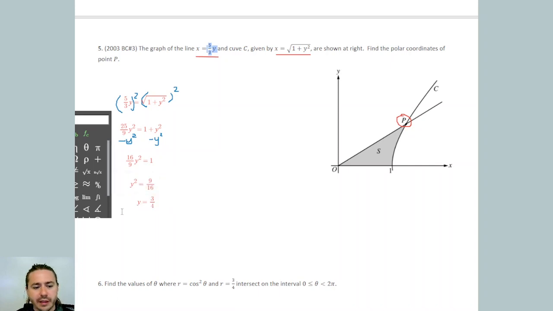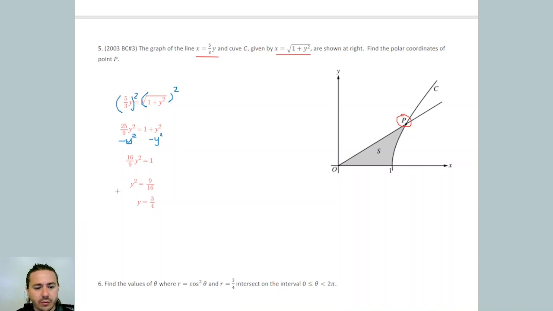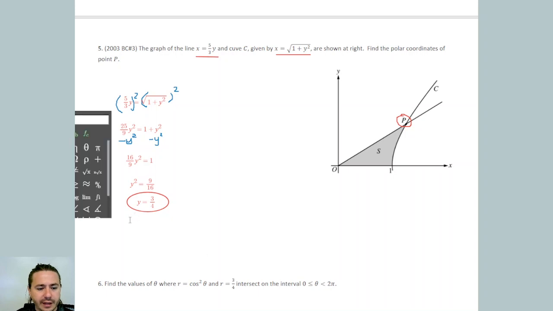So I can plug that back in and say, if I know that y is 3/4, x is going to be 5/3 times 3/4, which would be 15/12.